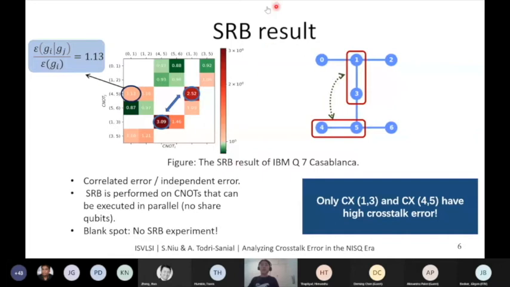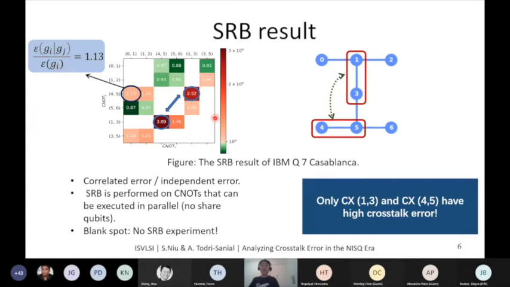So now we performed the SRB experiment on the IBM Q7 Casablanca device, and here is the result. This axis is CNOT i and this axis is CNOT j. This is the error magnitude. The number here represents the ratio between the correlated error and the independent error.